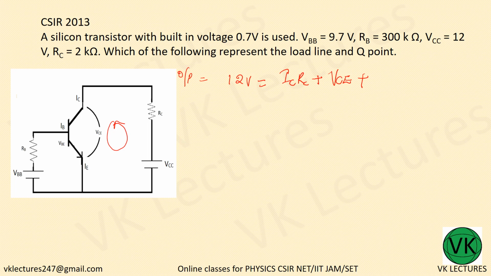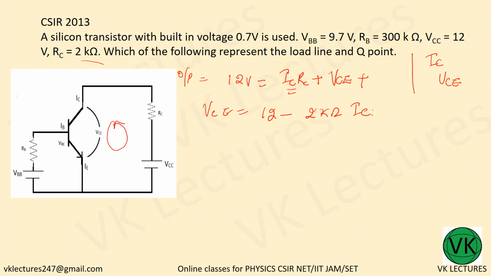So what is asked? Q point. Q point means you need IC and VCE. So VCE equal to 12 minus IC RC. What is the value of RC? 2K. So 2 kilo ohm into IC. IC we don't know, we will leave it.